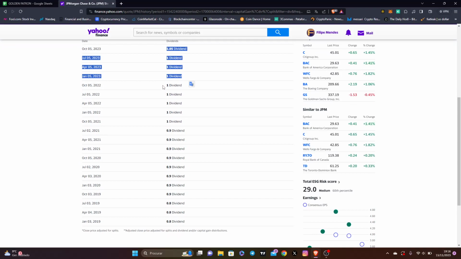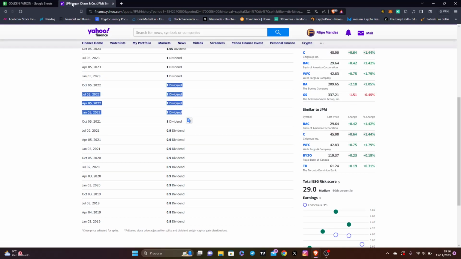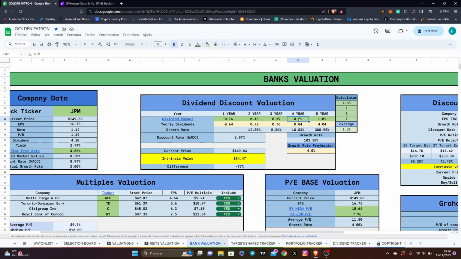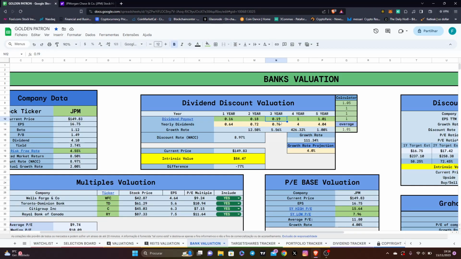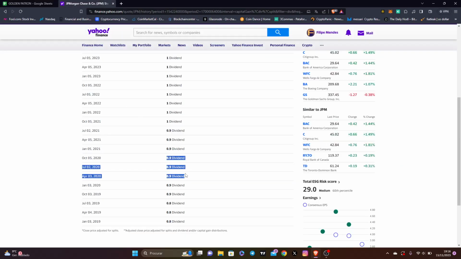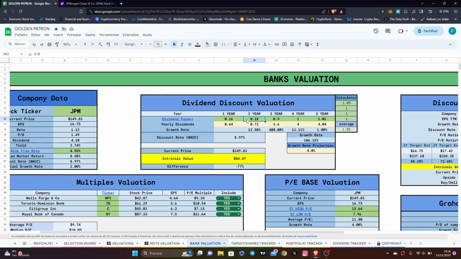I'm not going to do the same thing, but you got the idea. Second year is 1. Third one, another 4. This is going to come to 0.90. Fourth one, this is 0.90 as well.